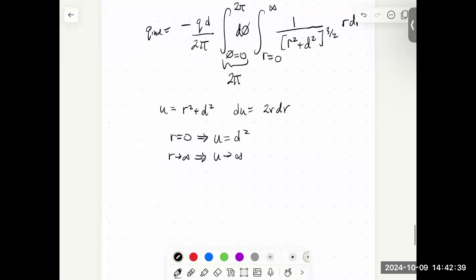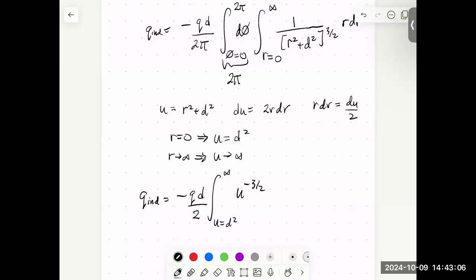Okay, so Q induced is equal to minus qd. We got rid of the 2 pi. The integral from u equals d squared to infinity of u to the minus 3/2, and then r dr equals du over 2.